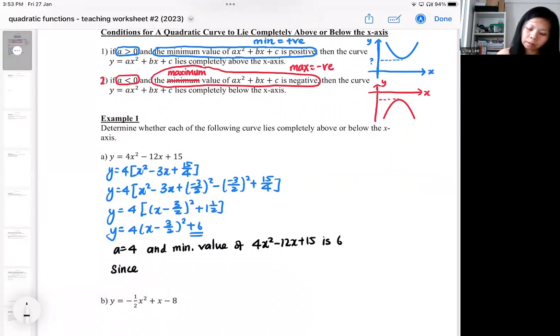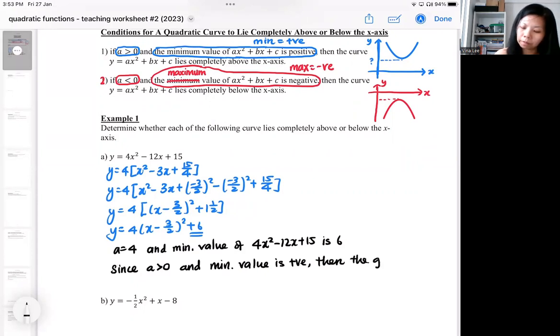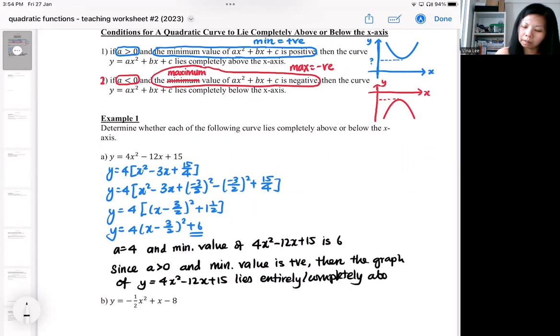Since a is positive and the minimum value is also positive, the conclusion is that the graph of this lies entirely above the x-axis. You can say it's entirely above or completely above. That means the whole thing is above the x-axis.